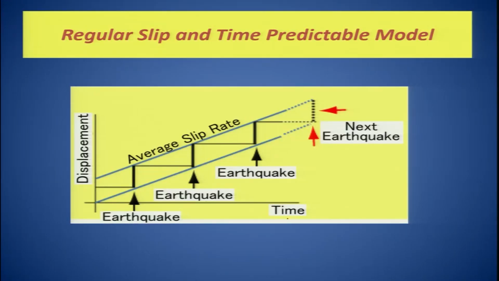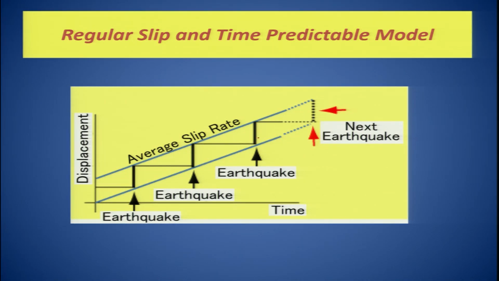Okay. So what this shows is again the time here and the displacement. Over time the strain will develop and then you will have an earthquake. Over time the slip will develop and then you will have an earthquake. So if you have the regular slip, then with the help of averaging you can even predict when the next earthquake will be.